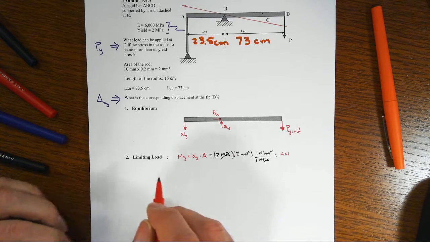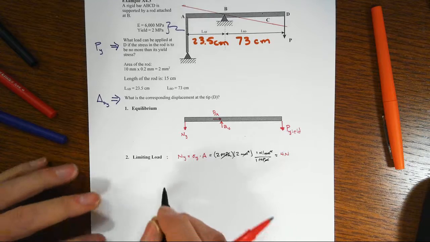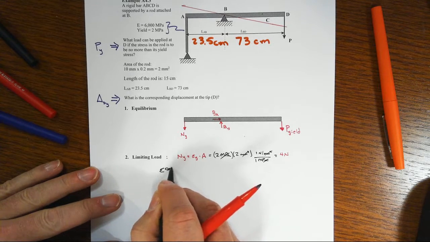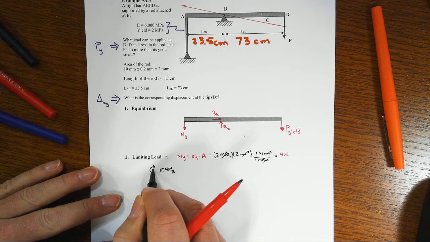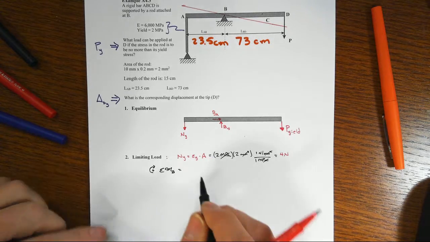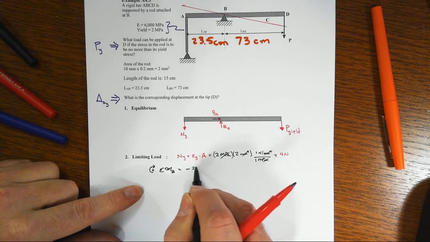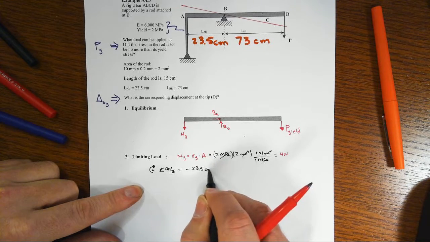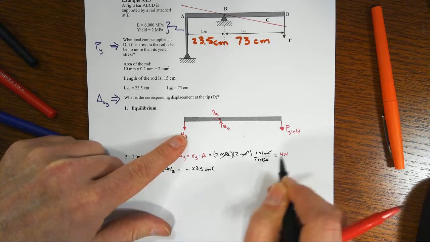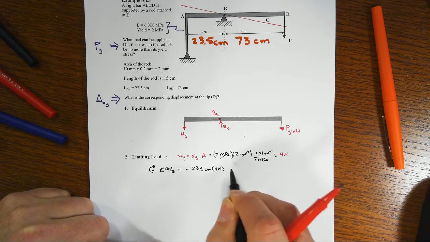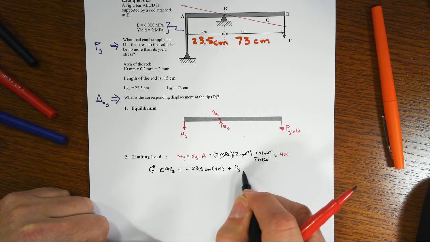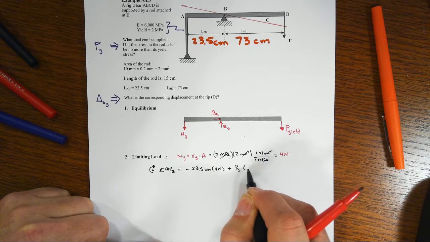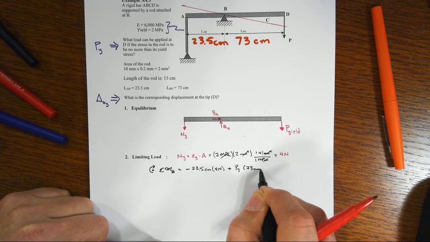Then by equilibrium, we sum moments about point B, taking clockwise as positive. We'll have a minus 23.5 centimeters times our N sub Y, which we now know is 4 newtons, plus P sub Y for the yielding times its moment arm of 73 centimeters.